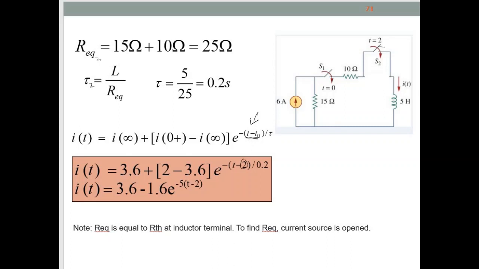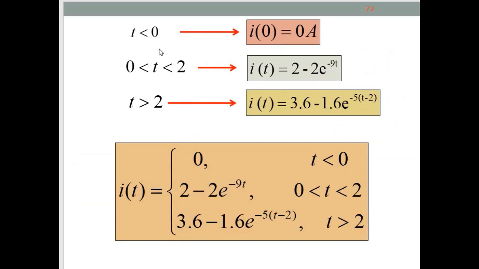So after we have found the IT, the complete IT for the third time interval, we can write it in a better form like this. t less than 0 is 0, 0 less than t less than 2, 2 minus 2e^(-9t), and this is the third time interval, t more than 2, this is the value.